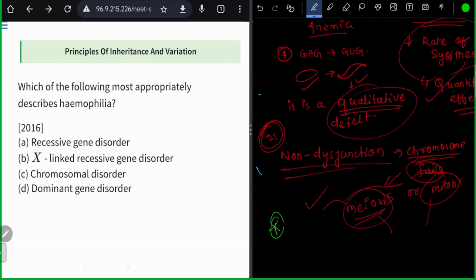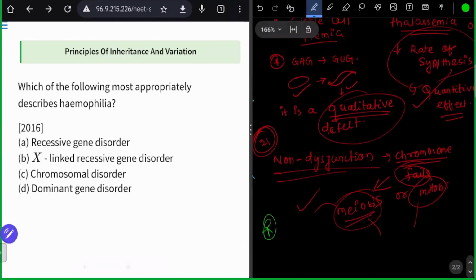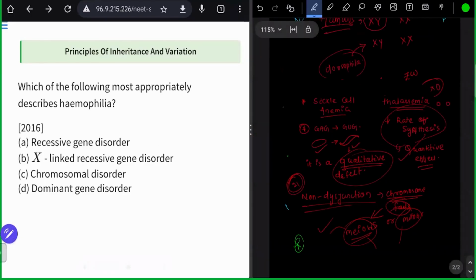Second option is X-linked recessive genetic disorder. Third option is it is a chromosomal disorder. No, because in chromosomal disorders we have studied Down syndrome, Turner syndrome, and Klinefelter syndrome. Fourth is it is a dominant gene disorder. No, because it is an X-linked recessive disorder. In the classification itself, I have told you. So option B is correct.